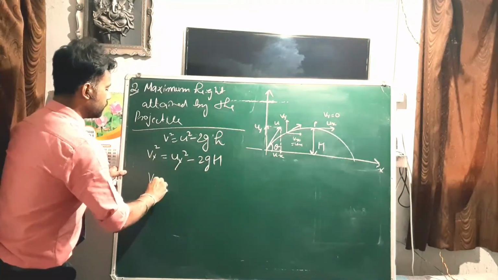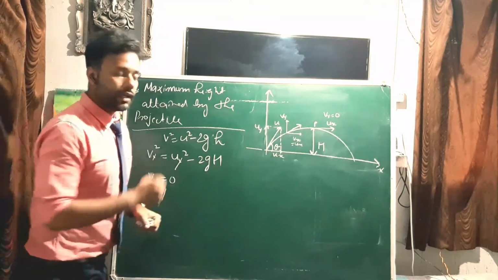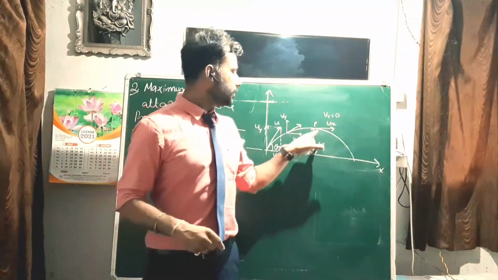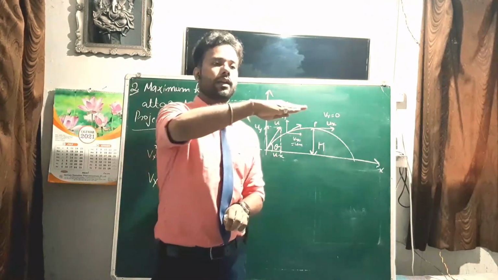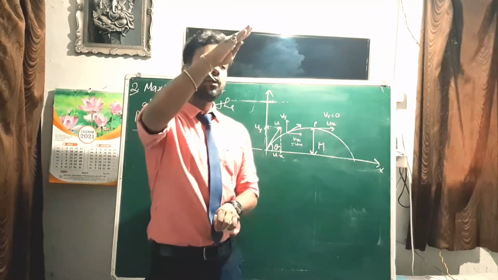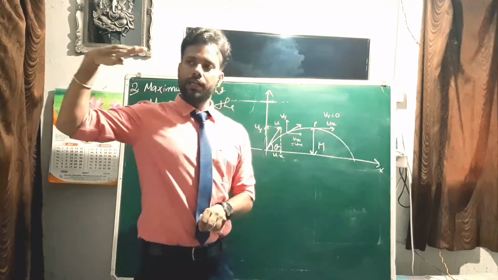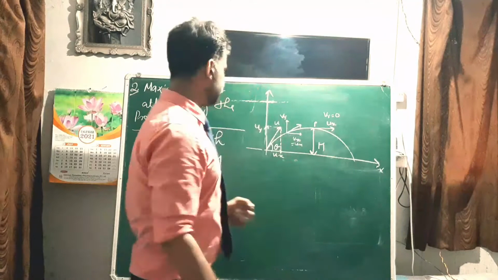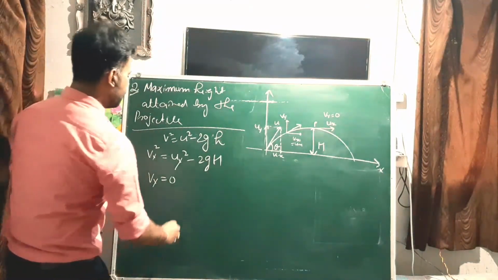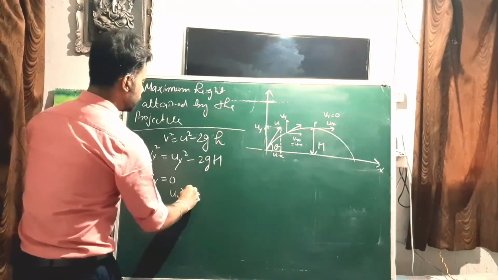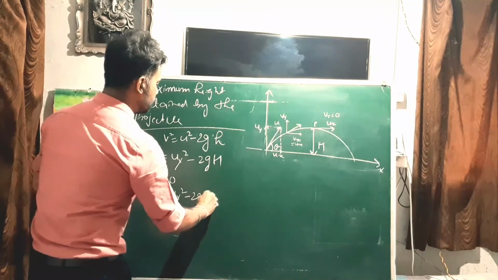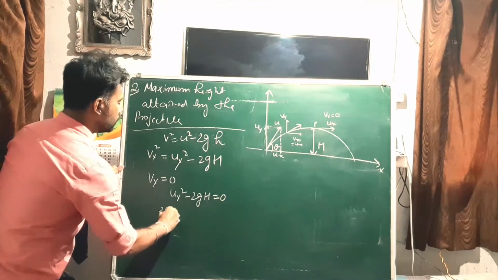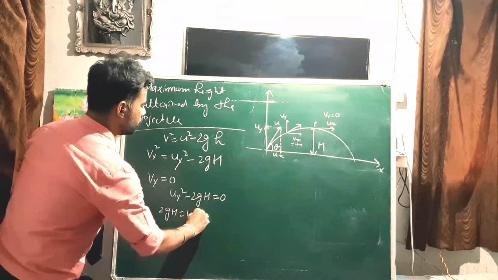Vy is 0. Again I am telling you why: because at this point consider that the particle is moving in the horizontal plane, it is not attaining any height, and it is not dropping down, right? It is moving like this, and that is why at the highest point Vy becomes 0. So put it here: uy square minus 2gh equals 0, or 2gh equals uy square.